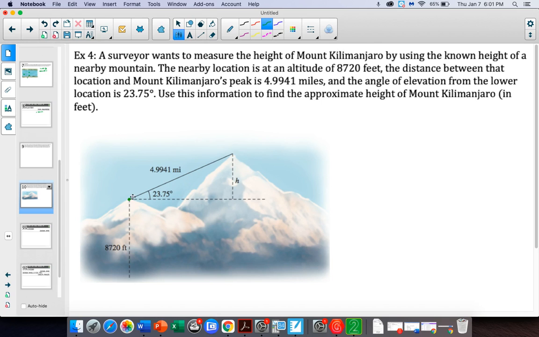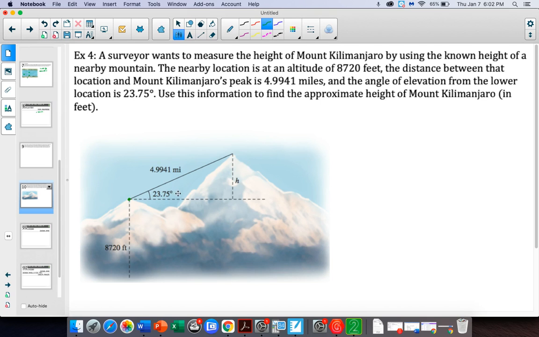And then we're saying that distance, right, from that peak to the peak of Mount Kilimanjaro is 4.9941 miles. Okay, it is important that we're not saying that this is 4.9941 miles. Right, it says from peak to peak, and then the angle of elevation from this peak to this peak is 23.75 degrees.